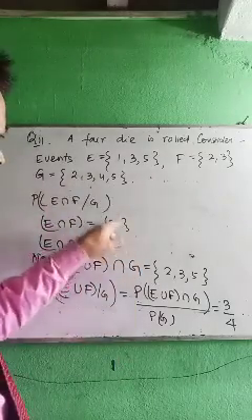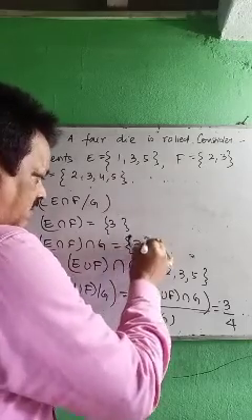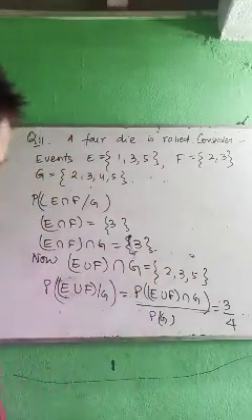Common between this and this is also 3 in the set form.